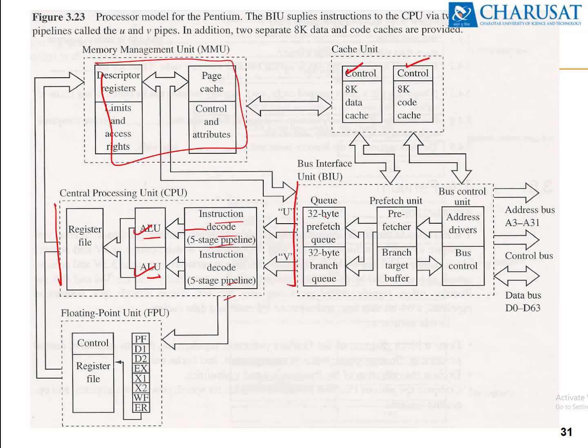To support the multiple ALUs, they enhanced the bus interface unit: a 32 byte prefetch queue for the first ALU, and a 32 byte prefetch queue for the second ALU. Floating point registers are enhanced to support more accurate floating point operations.